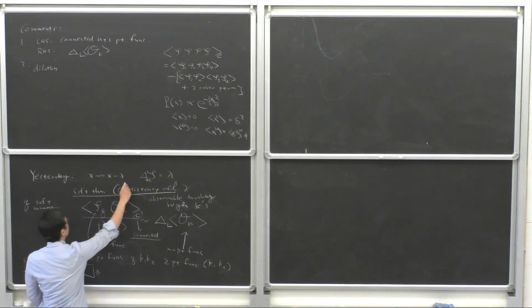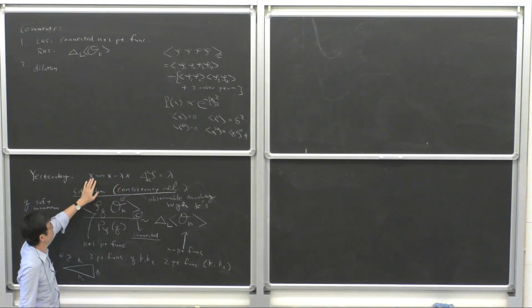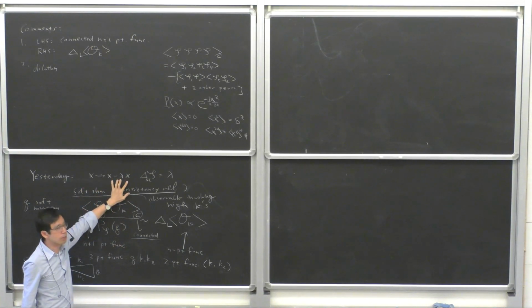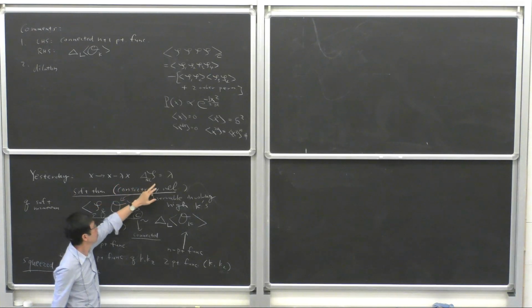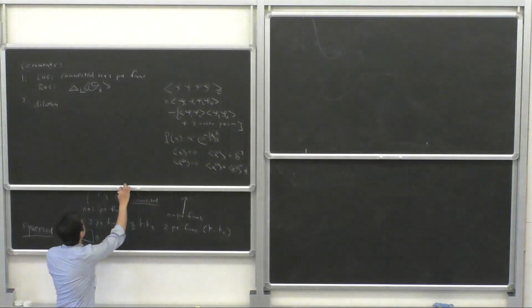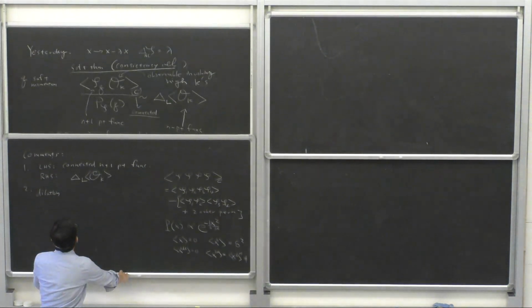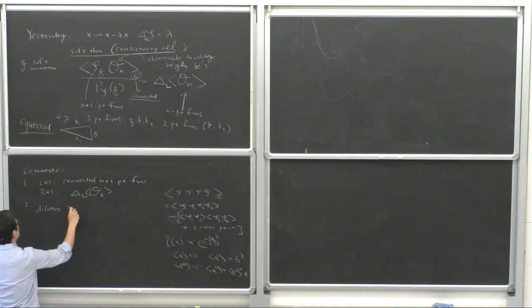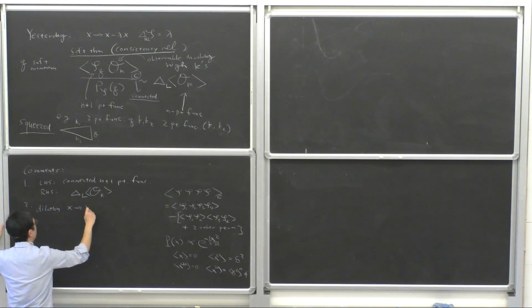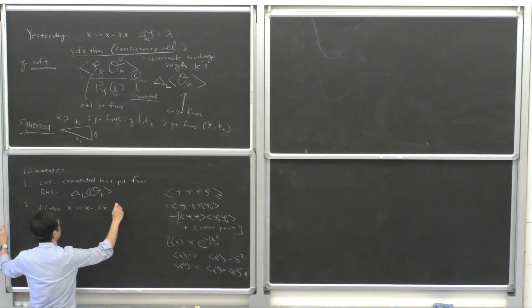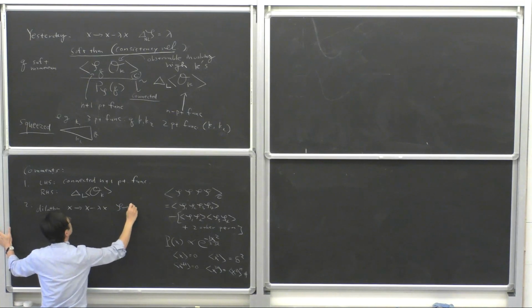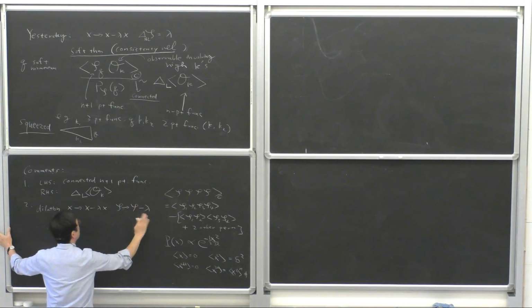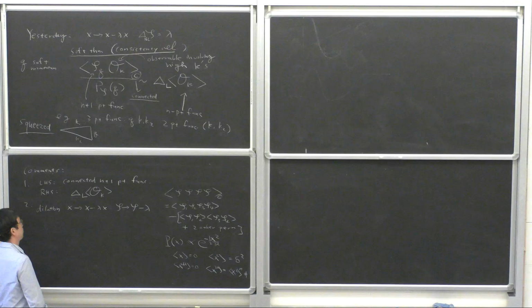When I say dilation, of course, there's an x here. Right? I'm scaling x. So there's an x here. This is a constant. So dilation looks like that. x goes to x minus lambda x. Zeta goes to zeta minus lambda. I'm just showing you the nonlinear part.